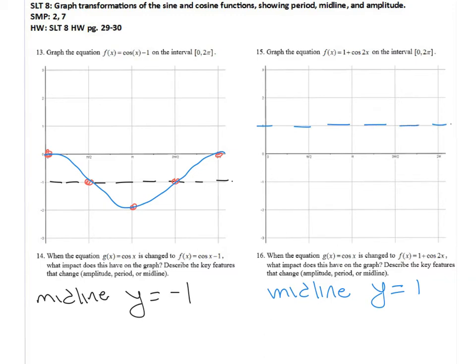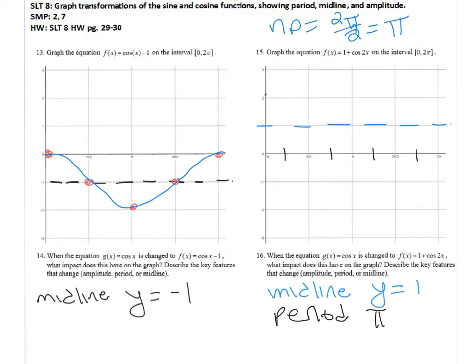And we also have a period change because there's been a horizontal dilation of 2. So the new period is going to be 2 pi divided by 2, which is pi. So I have to add in my pi over 4 scale again. That's a period of pi because of the horizontal dilation of 2.